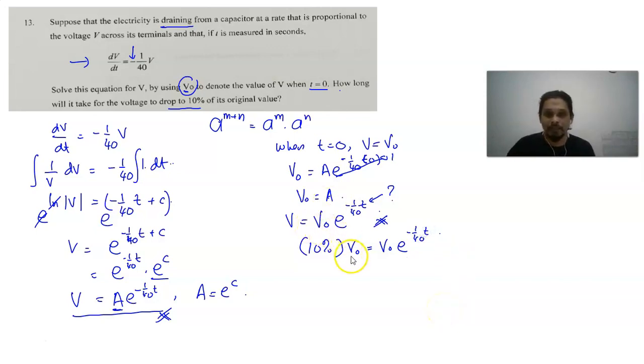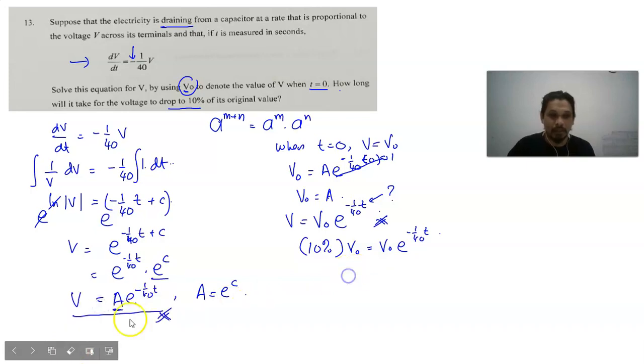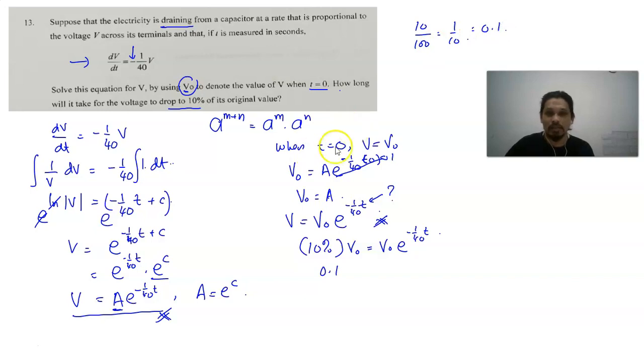Okay, divide by V0 left and right. So 10%, I note as 0.1 or 1 over 10. 10%, 10 over 100 or 1 over 10. You may write down either one here.